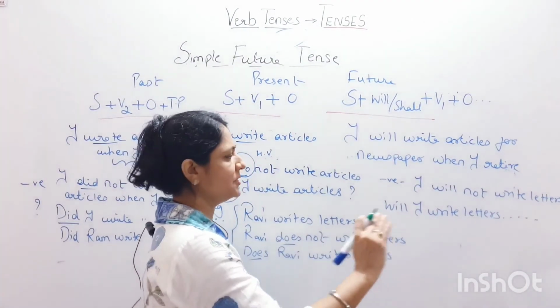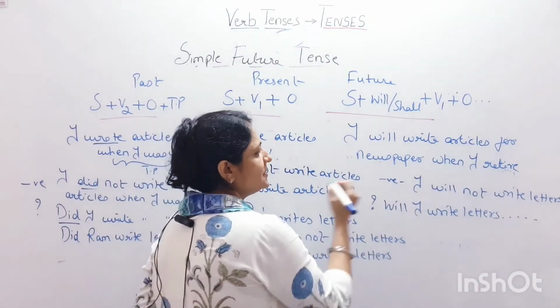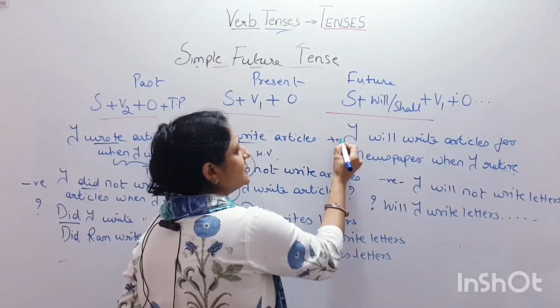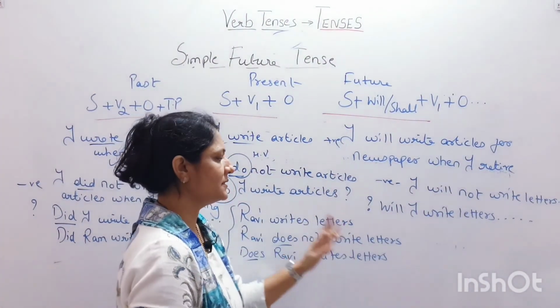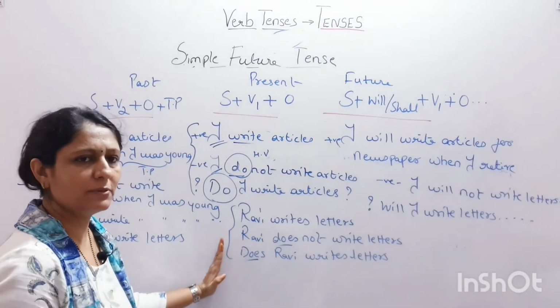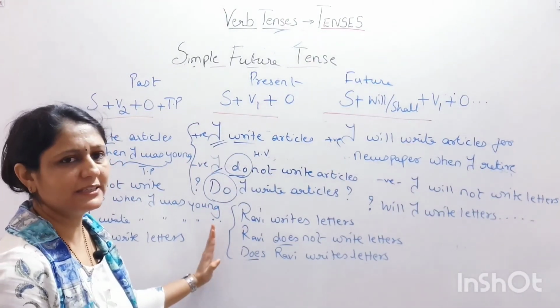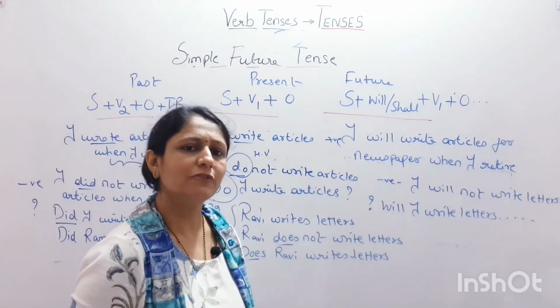Whatever I wish to say, I can say. So this is the interrogative form, this is the negative form, and this is the positive form of simple future tense. The change in helping verb only occurs in simple present tense, but it is same in case of past tense and in case of future tense.